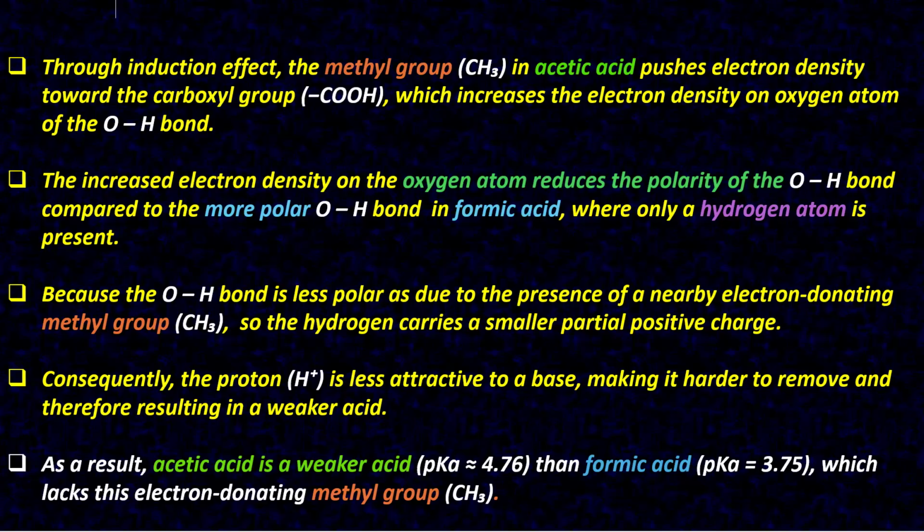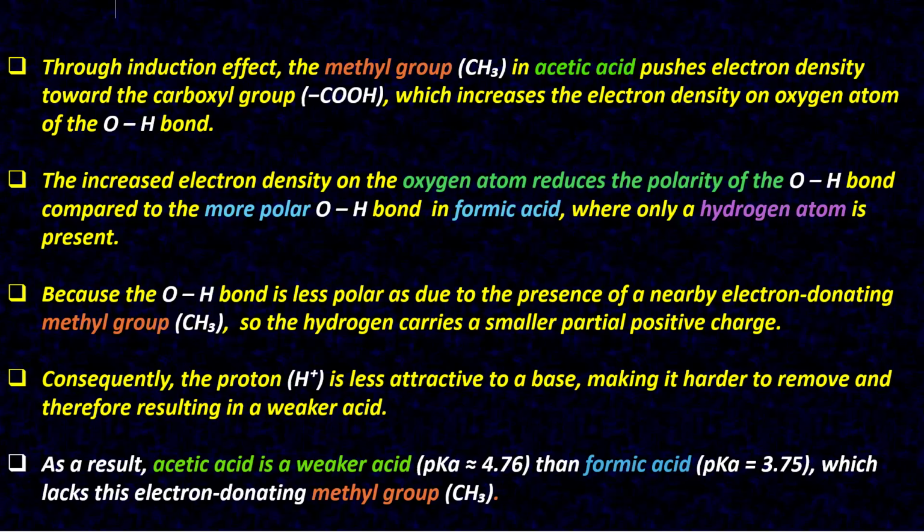The increased electron density on the oxygen atom reduces the polarity of the OH bond compared to the more polar OH bond in formic acid, where only a hydrogen atom is present. Because the OH bond is less polar due to the presence of the nearby electron donating methyl group, mainly in acetic acid, the hydrogen carries a smaller partial positive charge.